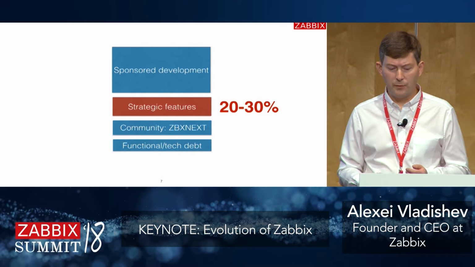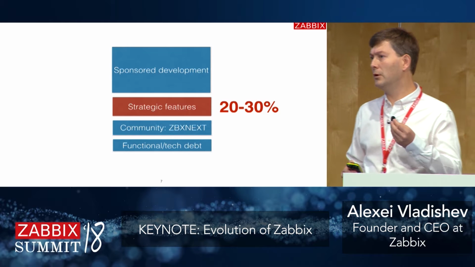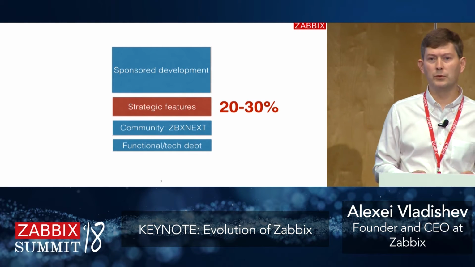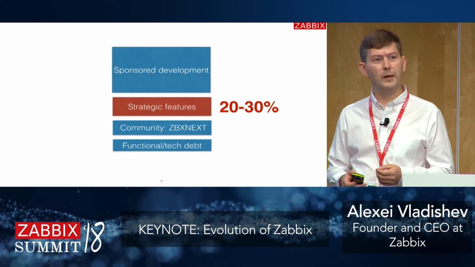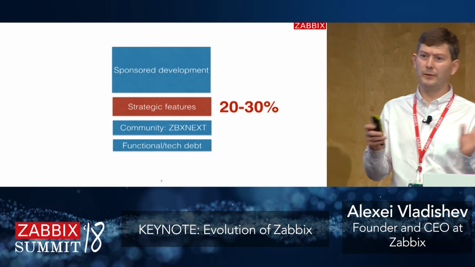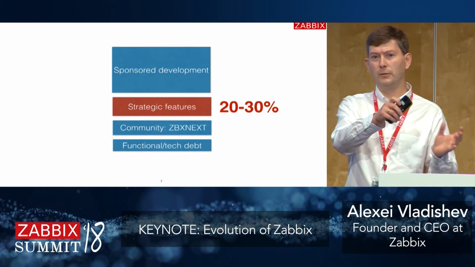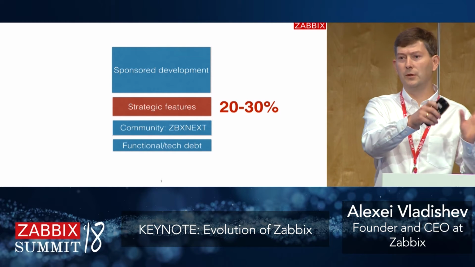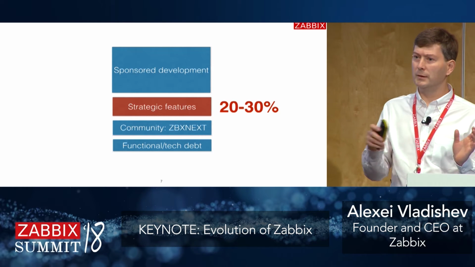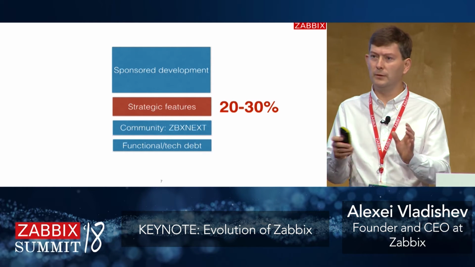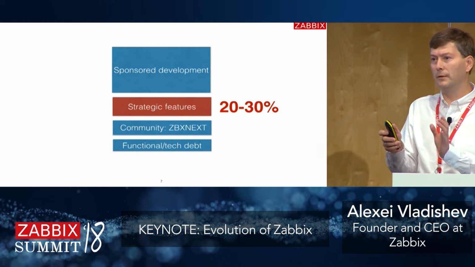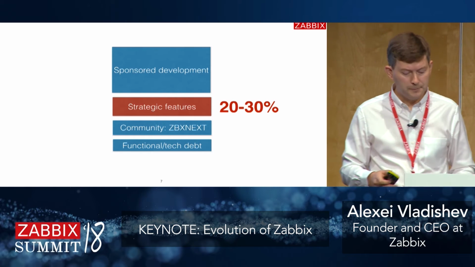That's why, if you look at the release notes for 4.0, 3.4 or 3.2, you may think the features we are releasing look a little bit random, because we're touching the surface of some functionality here and starting to implement a new feature there, but you don't get a solid feeling of where Zabbix is moving to.